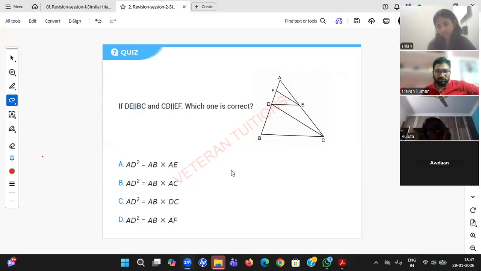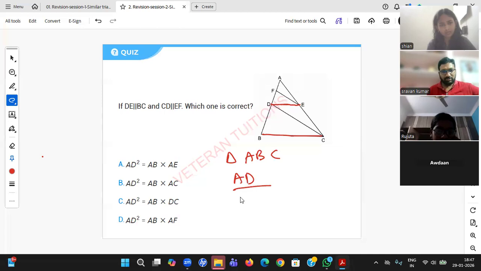Rujuta, I don't think so. Cross check. Tanish, okay, so Tanish is also getting the same thing. I think you are right. Obviously, I'll take triangle ABC.